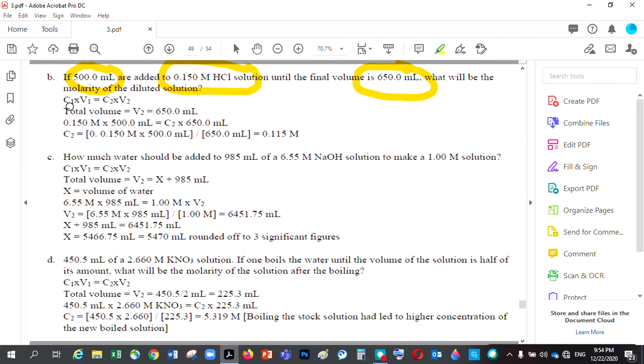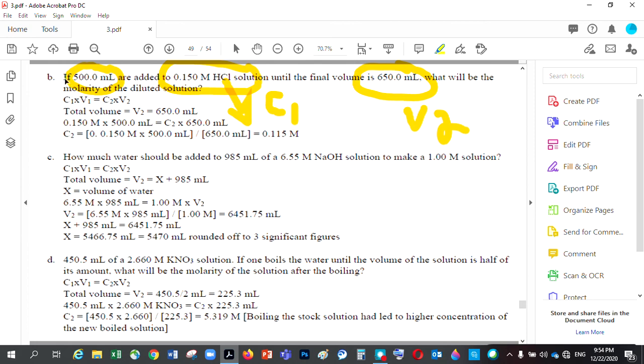Well, C1, the concentration of the stock solution, multiplied by V1 equals C2 multiplied by V2. We don't know what C2 is, but we know V2 is here. This is V2, and this is my C1.